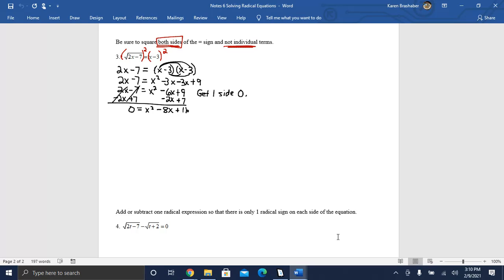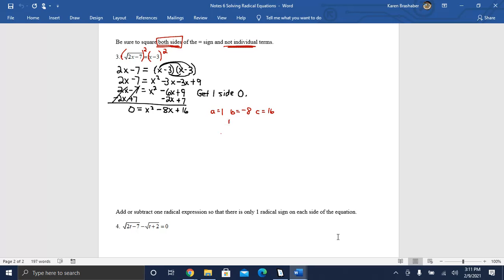All right, so now you're going to have to make your decision whether or not you want to try to factor this or whether you want to do the quadratic formula. I'm going to do this one by factoring. So my A is 1, my B is -8, and C is 16.